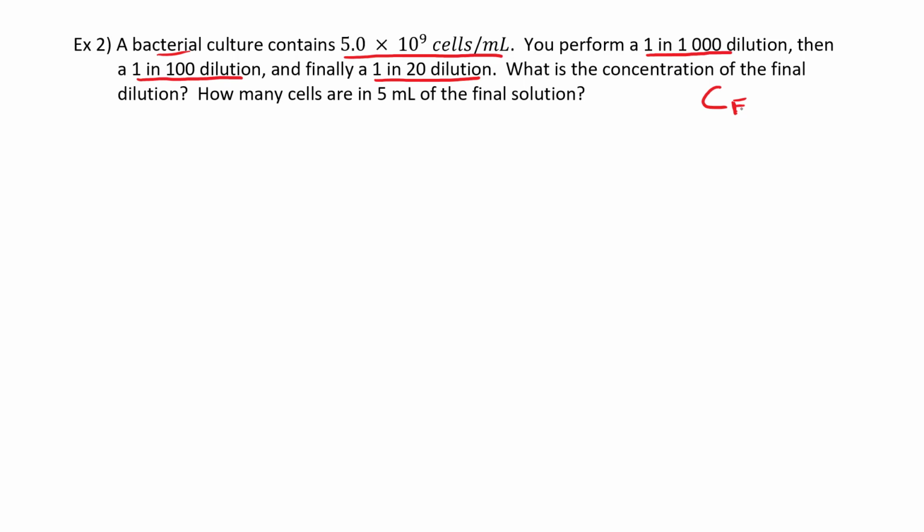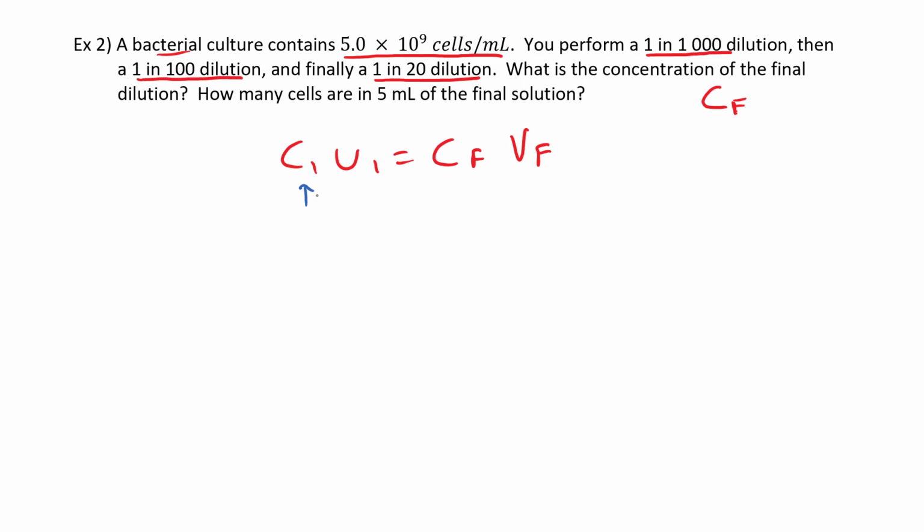Now along the way, you'll have many tubes when you do this. We don't care about the concentrations in between, as long as we've done them correctly, that's fine. We will be using, though, the final tube that is diluted. So what's the concentration in this tube? C1 V1 equals CF VF.